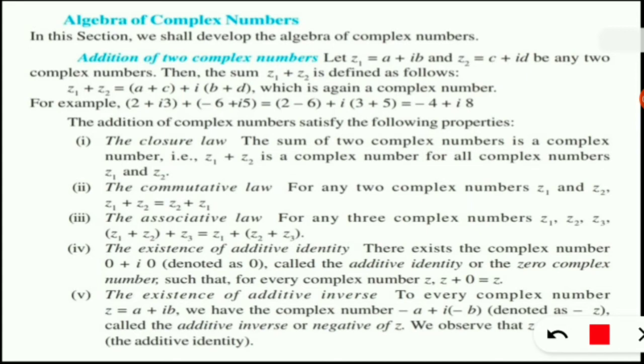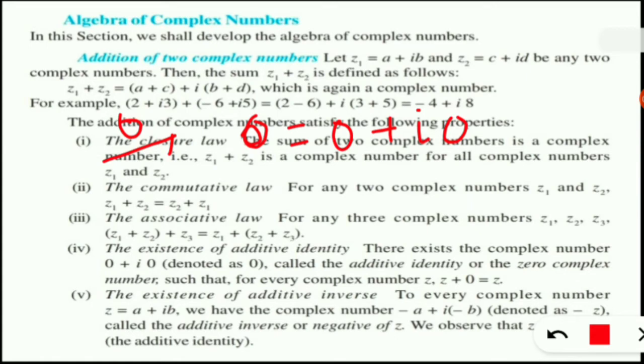Listen, in real numbers 0 means simply 0, but in complex numbers 0 means 0 plus i times 0. That means 0 equals 0 plus i times 0. Why? Because in complex numbers all numbers are of the form a plus ib. That's why 0 equals 0 plus i times 0.